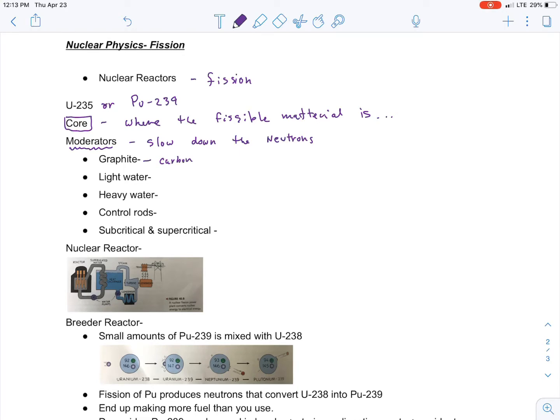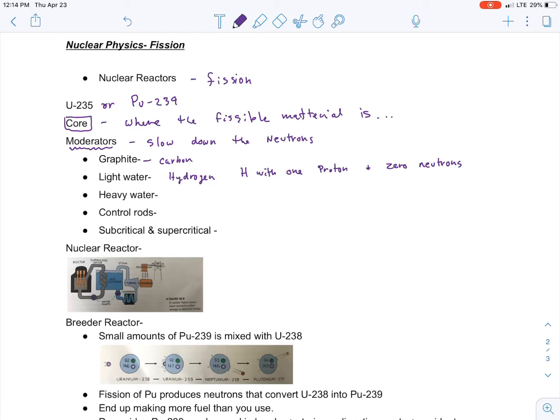Right. Another one that they use is light water. Now, there's light water and there's heavy water. Light water has just hydrogen. And hydrogen, that means H with 1 proton and 0 neutrons.